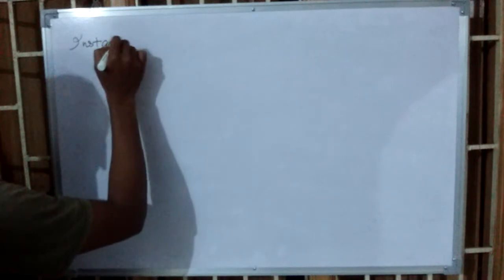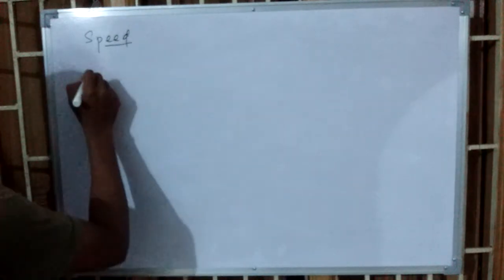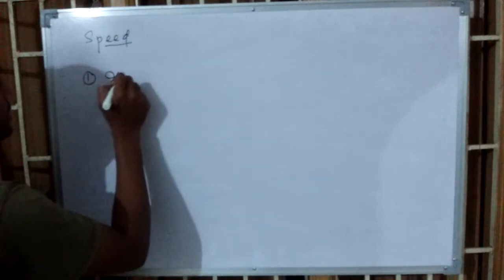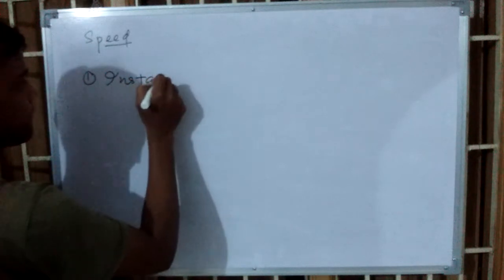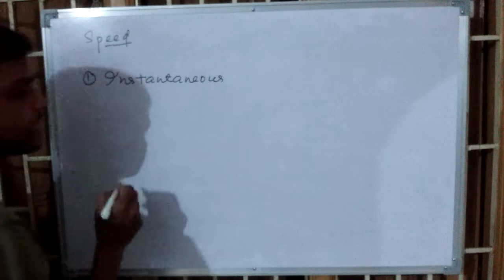In this class we shall discuss instantaneous speed. The topic is speed. Speed is of two types. First is instantaneous speed.